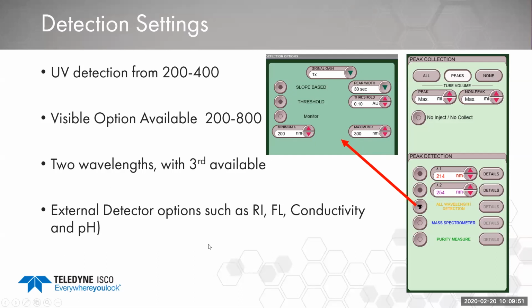Having said that, if you don't have a mass spec, we can also bring in an external detector. In the past, I've done some chiral chromatography where maybe an optical rotation detector or refractive index detector might be efficient for what you need to get done. You could also use fluorescence if you wanted to bring in a third-party fluorescence detector. Or we can also use conductivity and pH meters.